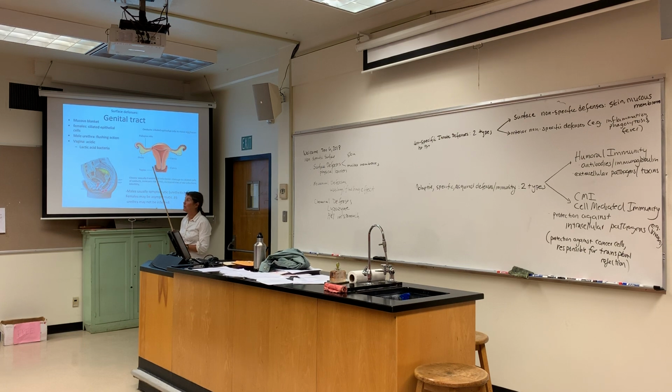But another important function they serve, you guys, is when women ovulate, when they release an egg, the eggs don't have any flagella, any cilia. But the egg has to make this incredible journey up through the oviduct and fallopian tube into the uterus. So the second job of the ciliated cells is to create currents that will passively draw the egg up through the oviduct and then into the uterus.